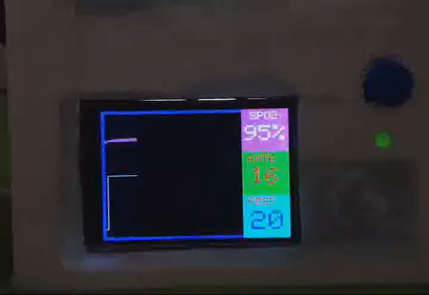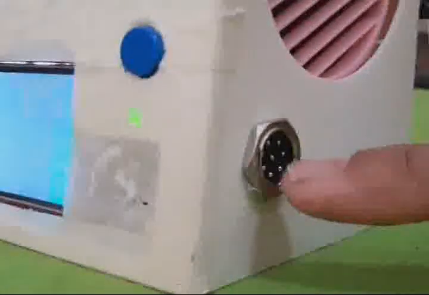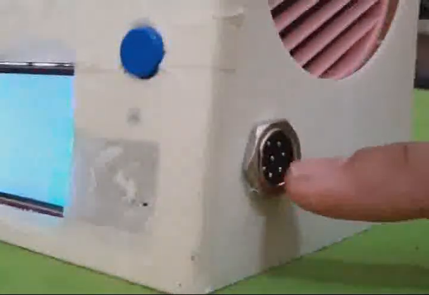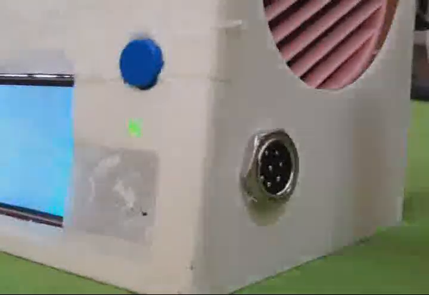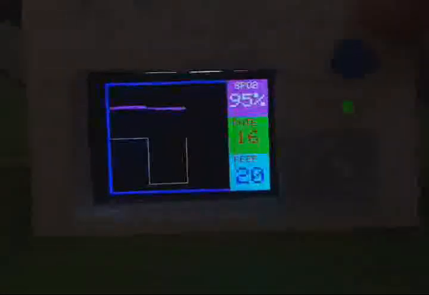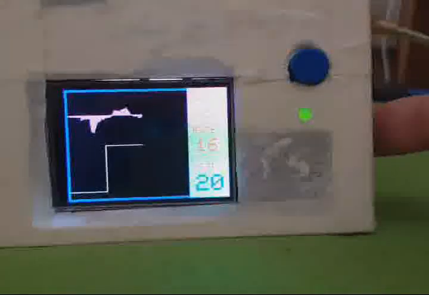And for the oximeter I have one NC connection socket here, so you can connect any kind of sensor, analog or digital type. I will show you. If I connect the sensor here and put my finger on it, you can see a reading, something plus and minus.